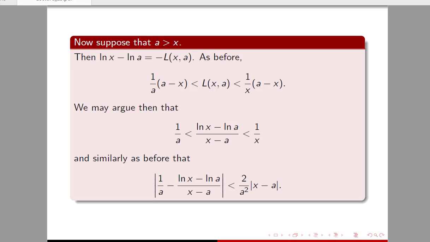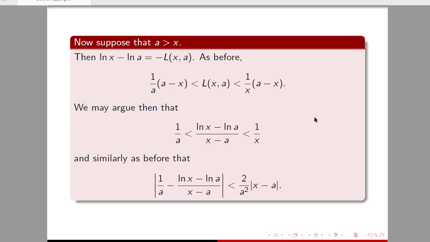Now let's suppose that a is bigger than x. Then my natural log of x minus the natural log of a is equal to the negative of the natural log of x over a, that is, L of xa. As before, I can get my inequality on L of ax between 1 over a times x minus a and 1 over x times a minus x.